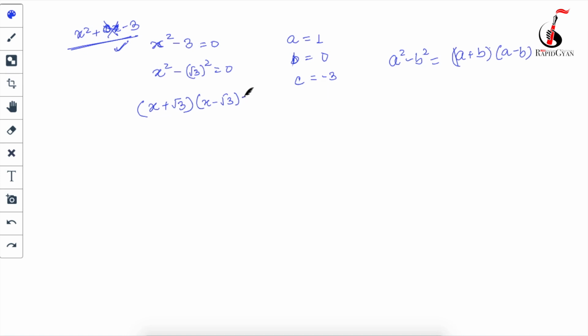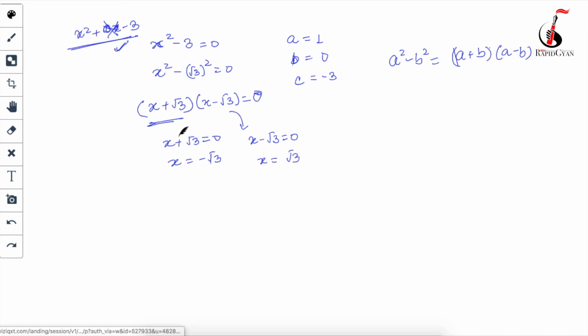If the product of two numbers is equal to 0, it means one of the numbers is equal to 0. So if x plus root 3 is equal to 0, in this case x will become minus root 3, and where x minus root 3 is equal to 0, this will become x equal to plus root 3. So you got your two zeros.